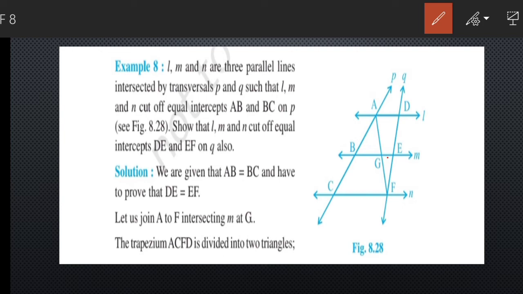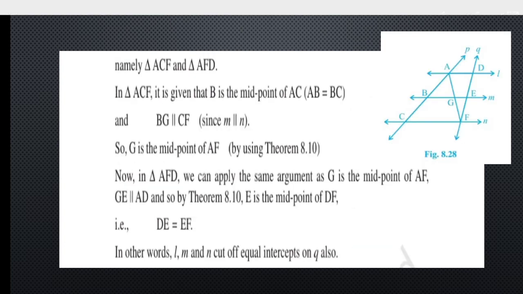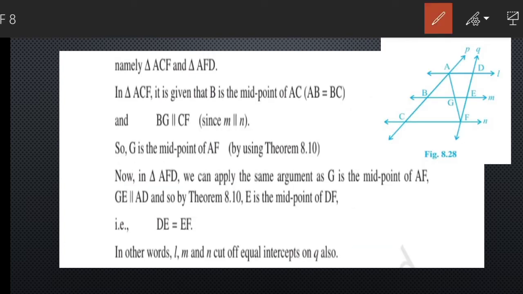Now the big trapezium ACFD is divided by the line AF into two triangles, ACF and AFD. In triangle ACF, B is the midpoint of AC, since AB and BC are equal.